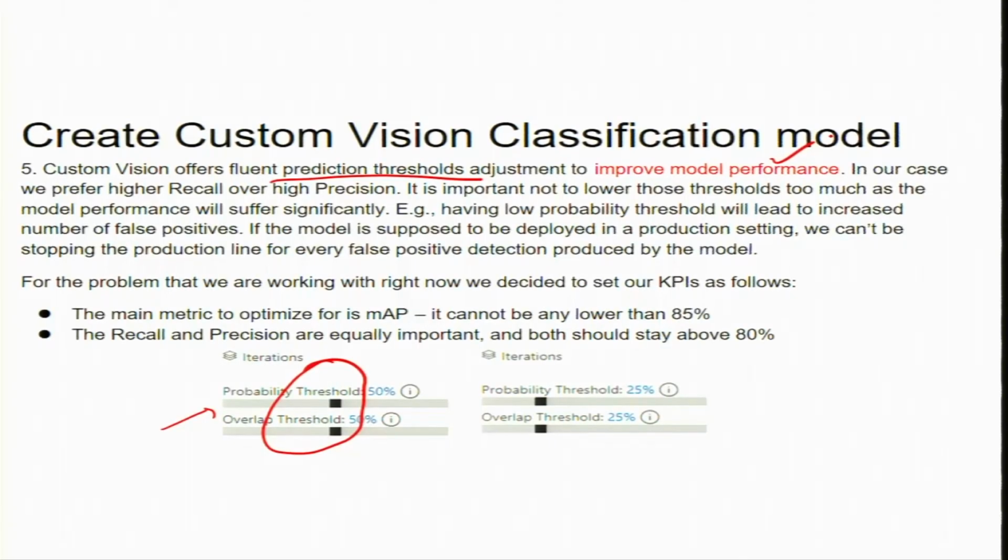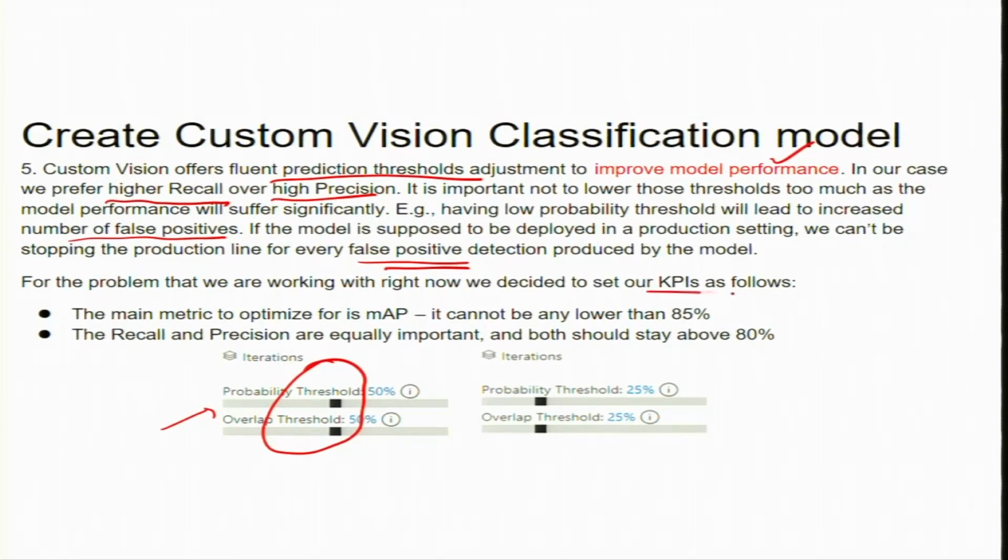In this case, we prefer higher recall over higher precision. It is important not to lower the threshold too much, as the model performance will suffer significantly. A low probability threshold will increase the number of false positives. If the model is deployed in a production setting, we can't stop the production line for every false positive detection by the model.